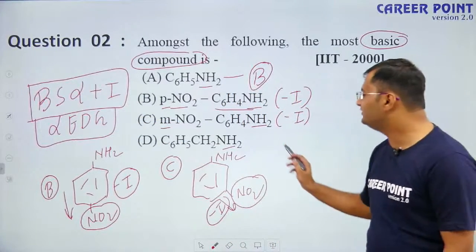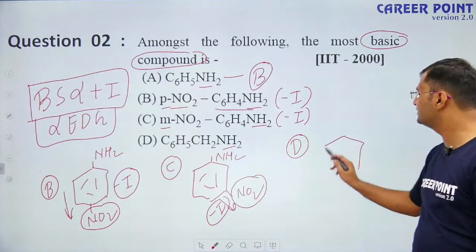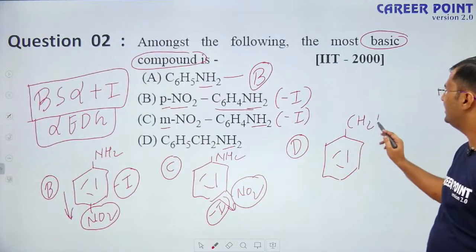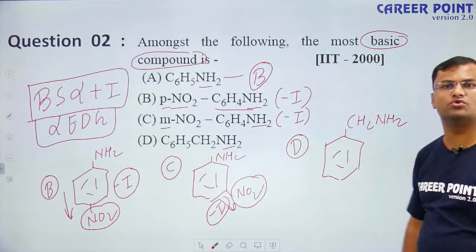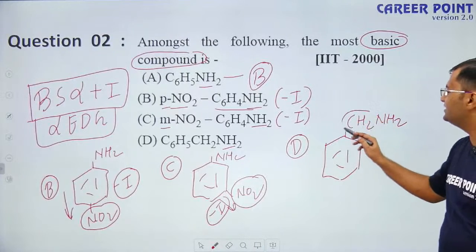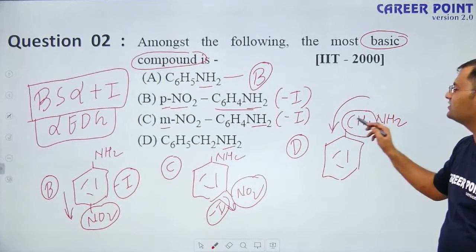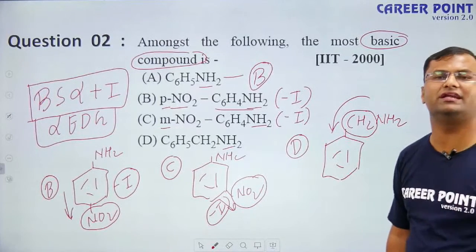Okay, now we will go to option number D. We will say that this is C6H5, here is CH2 and here is NH2. Now we will see that this CH2 donates electrons because this CH2 has a strong electron donating capacity.